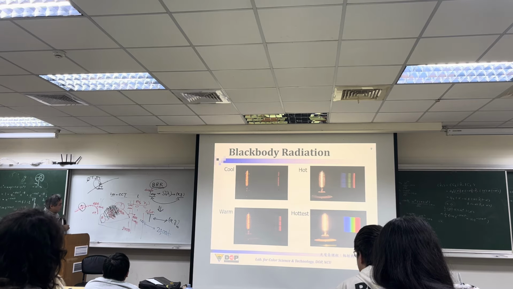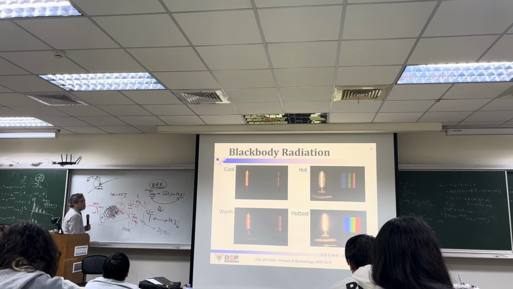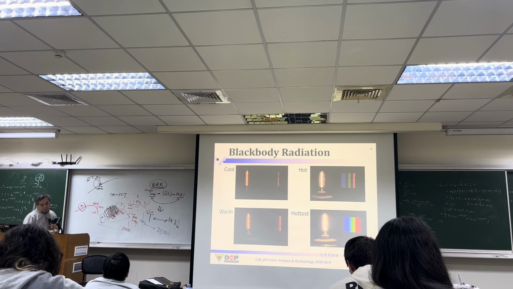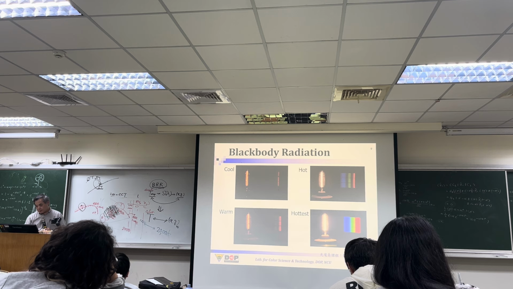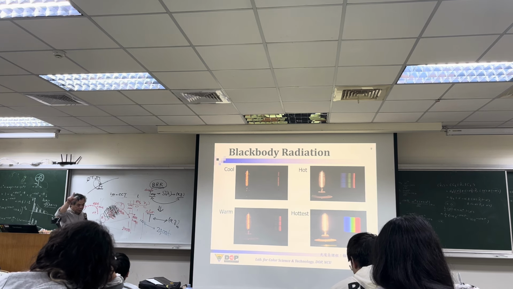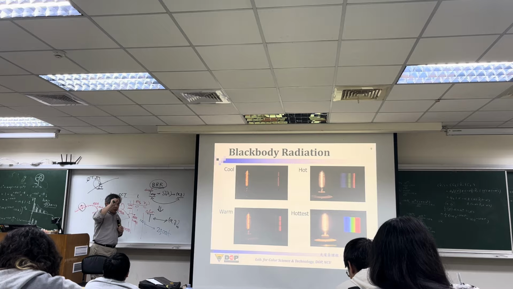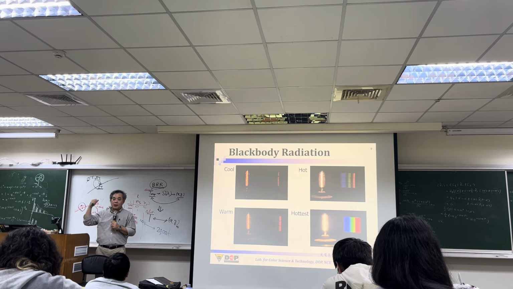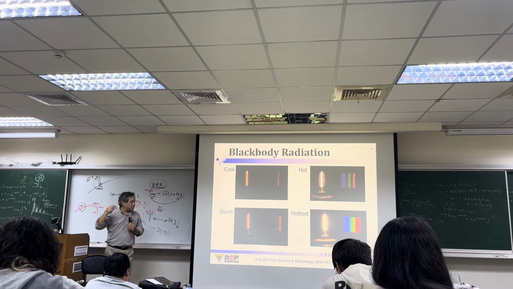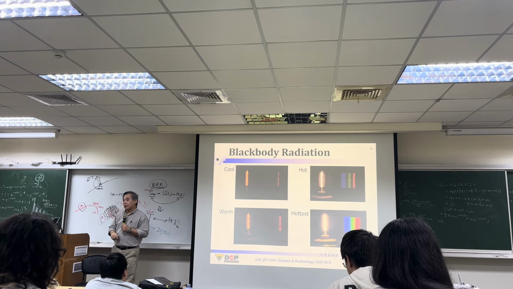All of them combined together, we have a correlated color temperature. Most of the time when you see the product sheet tell you the color temperature, actually it is correlated color temperature, not color temperature.